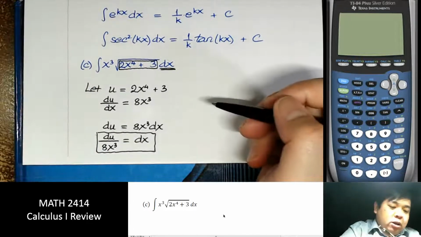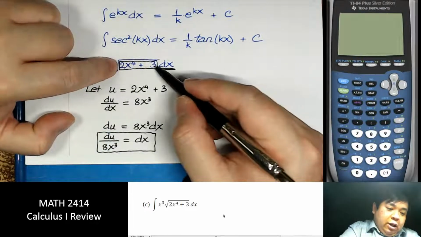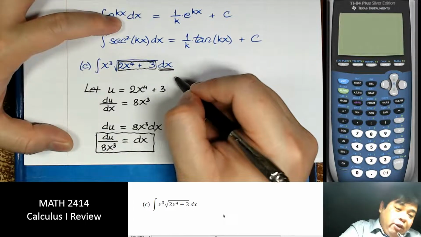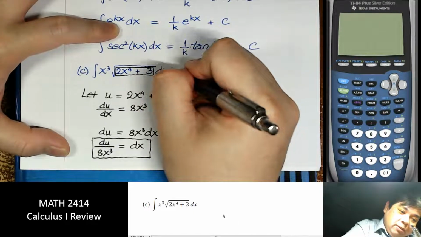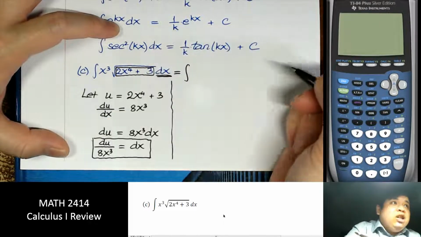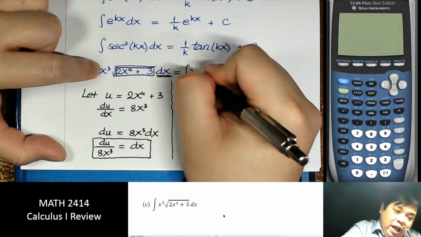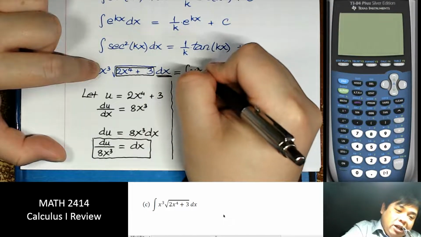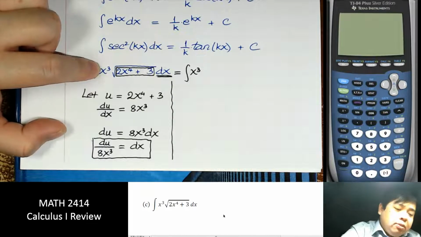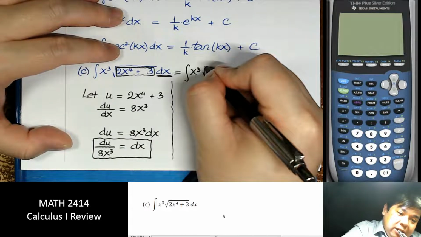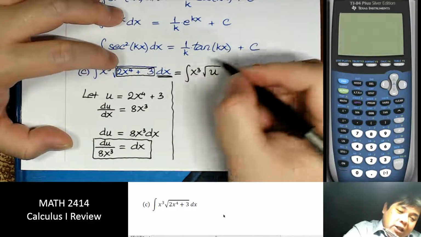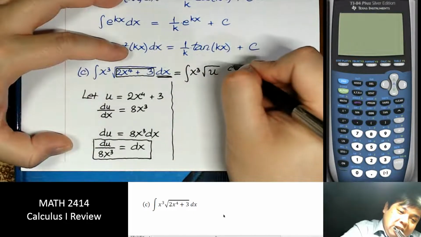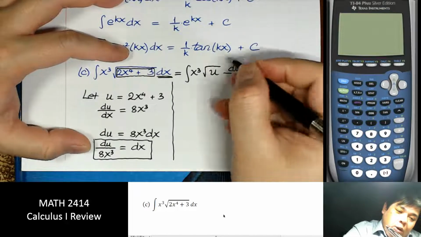So we have two components, the u and then the dx. Every substitution problem, we need to have those two. Now we can substitute back into our problem. x cubed, we haven't done anything with it, so it stays x cubed. Square root of 2x to the 4th plus 3, that is u, and then dx is du over 8x cubed.